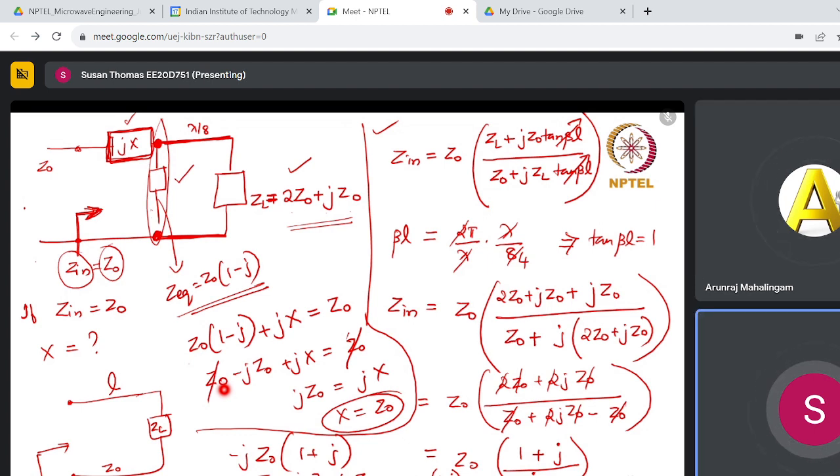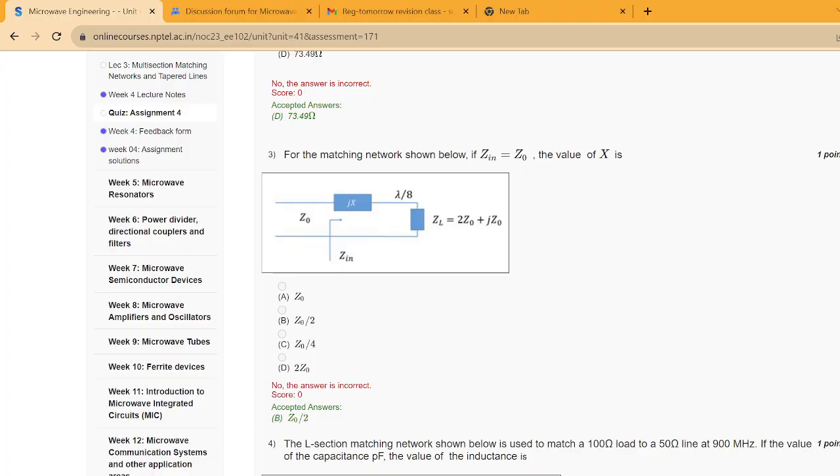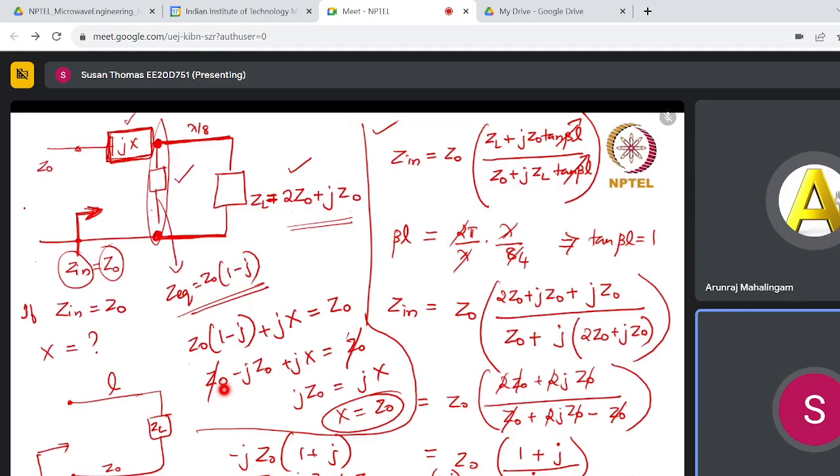But in the NPTEL options given, the right answer seems to be Z0 by 2. So there is confusion here, but even after recalculating, I feel that Z0 is the right option.